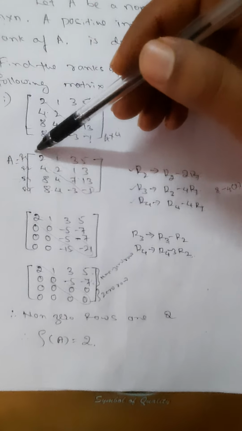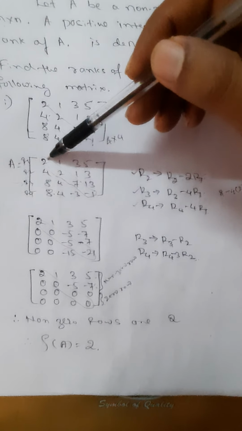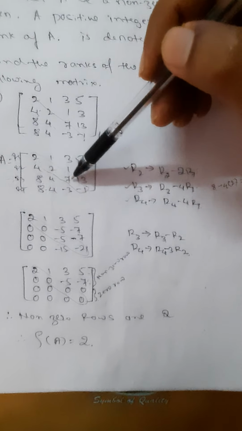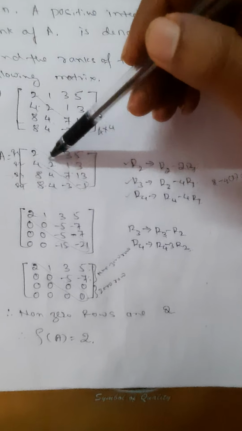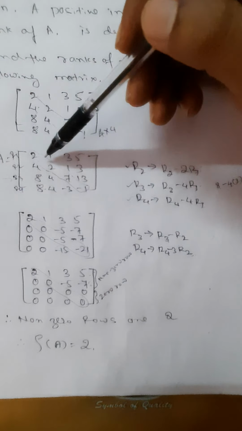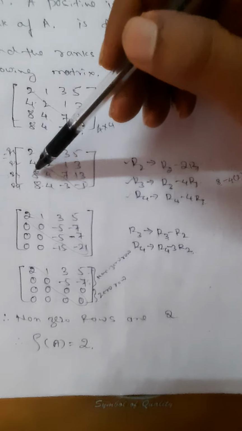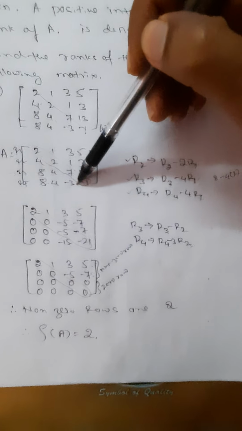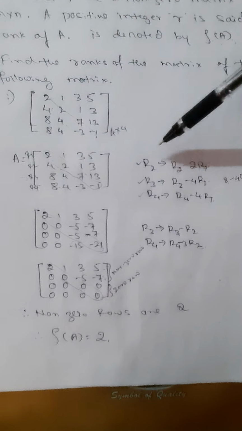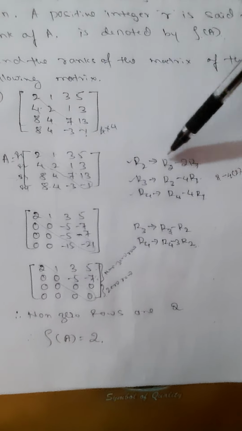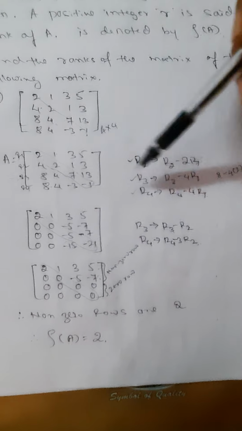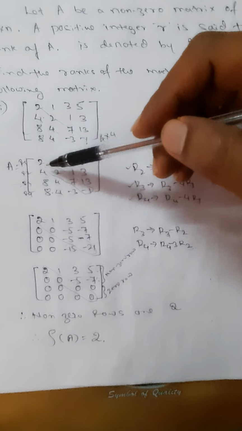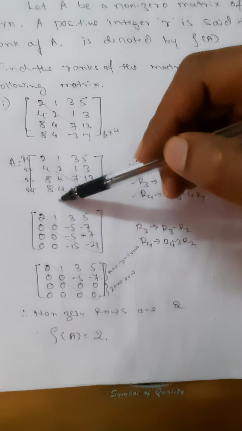For example, in this example, 2, 7 and minus 1 are the diagonal elements. Now the below-diagonal elements, which are 4, 8, 8 and 4, 4 and minus 3. By using the row operation, we should make these elements 0.